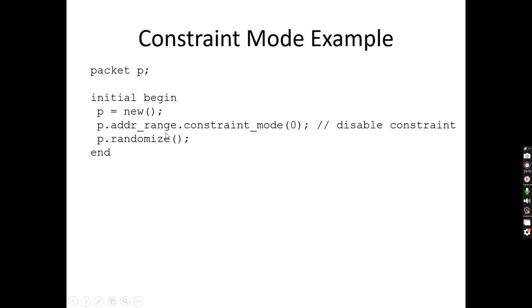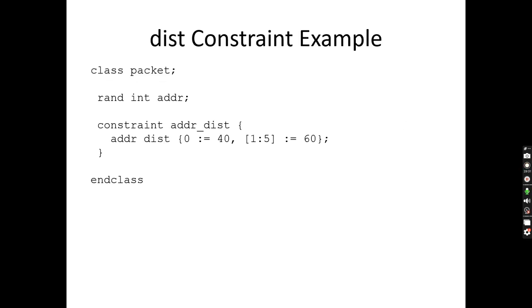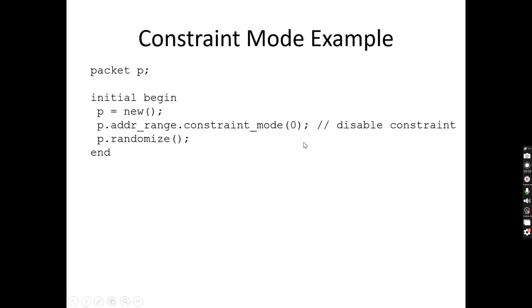See how we are doing it. First, the handle, then dot, followed by the constraint name, and then constraint mode, which is a built-in method and should be written exactly. If you pass 0, the constraint you wrote before will be turned off. Here the address range is the constraint name, and it will be turned off if you pass the value 0.